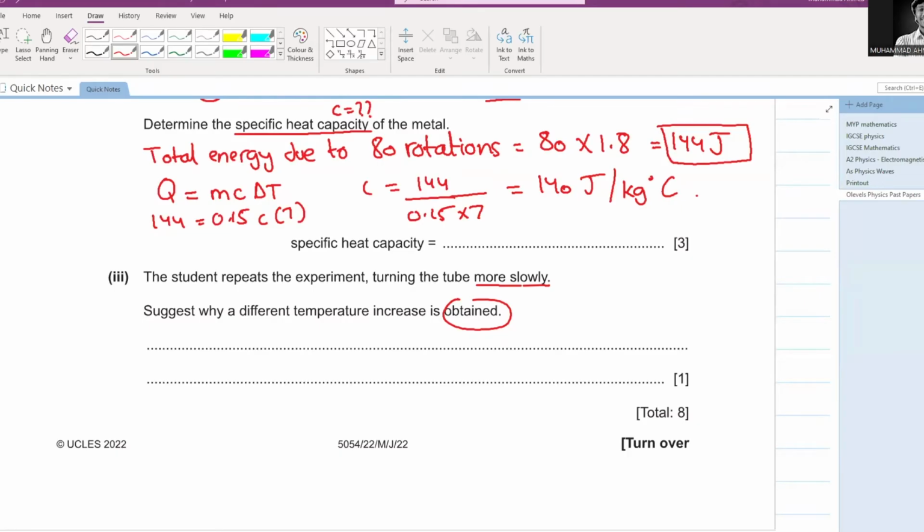Because more time is available for energy to be lost. बेटा जितना आप ज्यादा स्लो रोटेट करोगे ट्यूब को उतना ज्यादा टाइम अवेलेबल होगा फॉर एनर्जी लॉस. So you can say more time is available for energy loss.